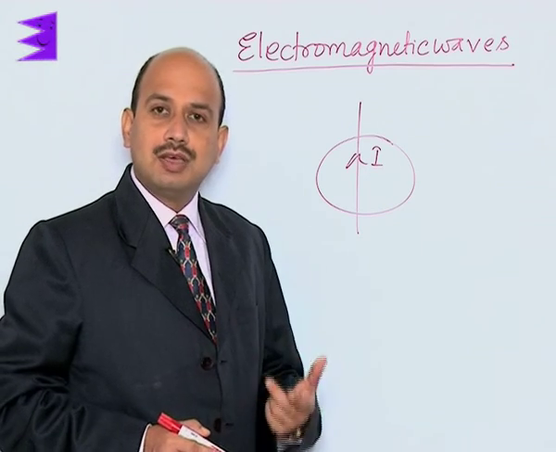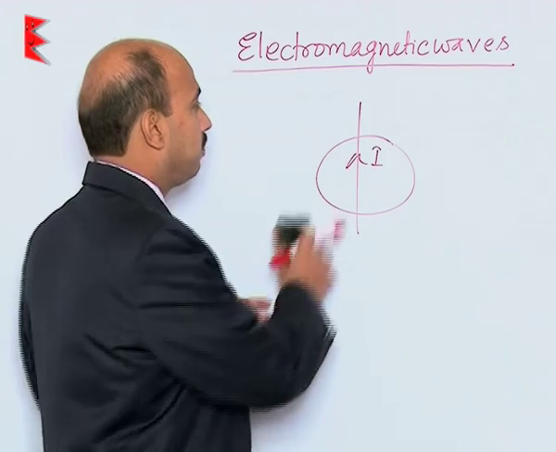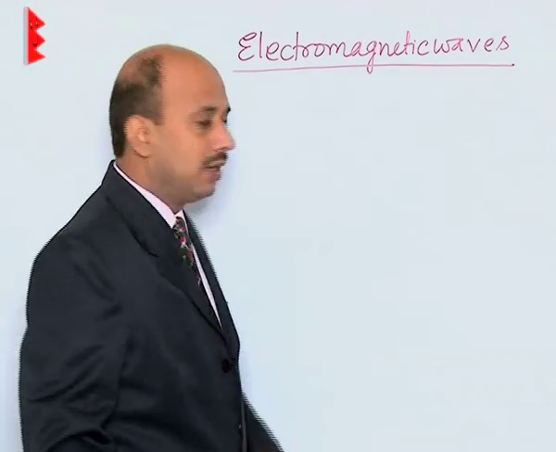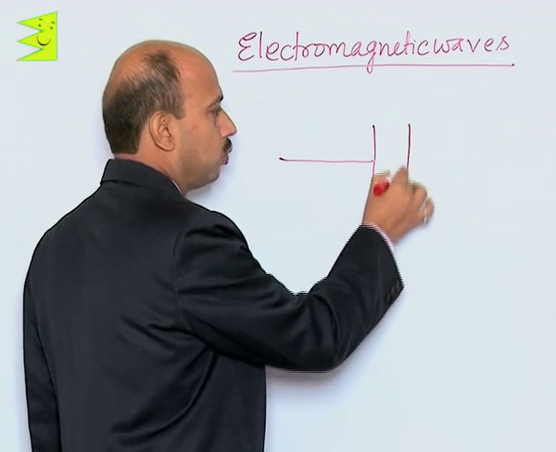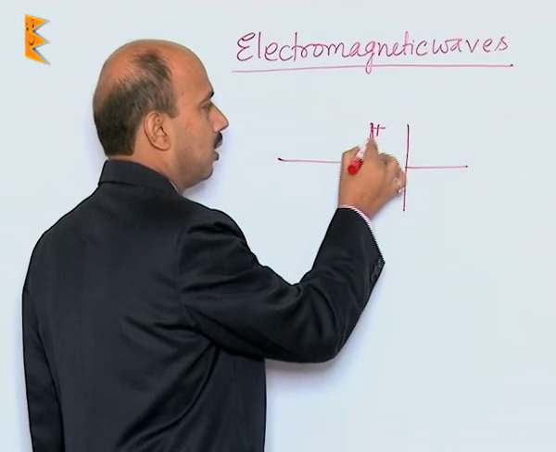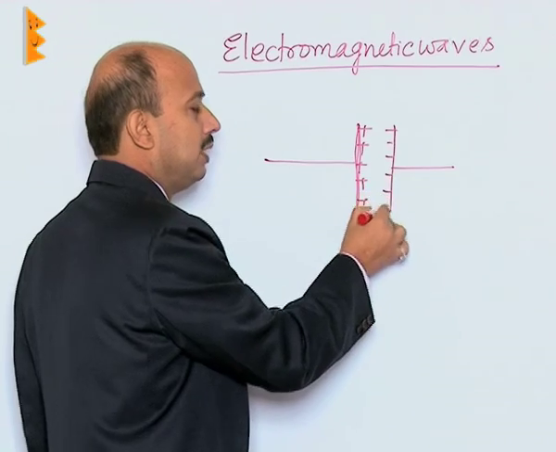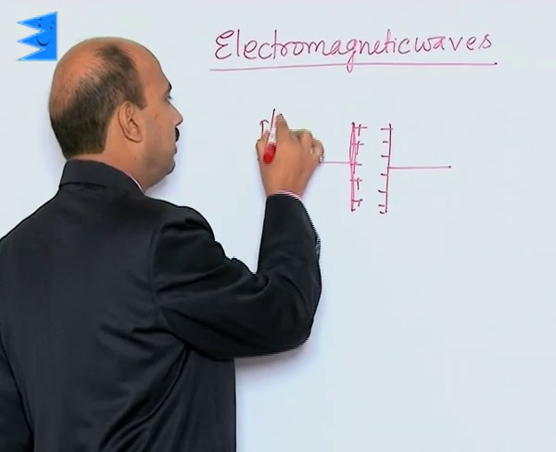Now let us consider the charging of a capacitor. Suppose you have taken a capacitor like this, and the capacitor has two plates, one positive and one negative. This capacitor is being charged using a time varying current, so I is a function of t.